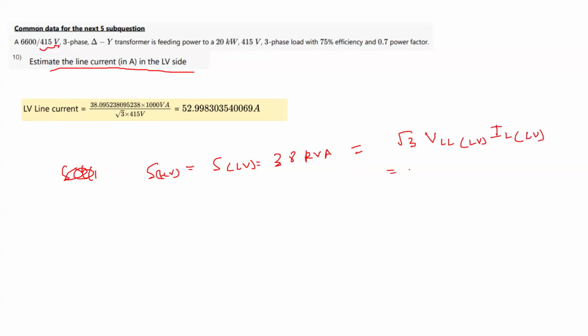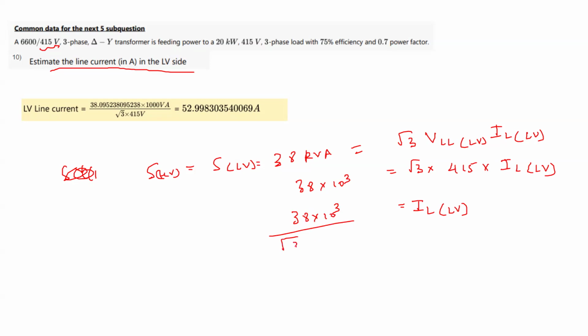From the nameplate reading, the line-to-line voltage on the LV side is 415 volt. So we can directly calculate the line current on the LV side.